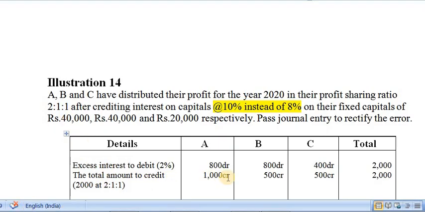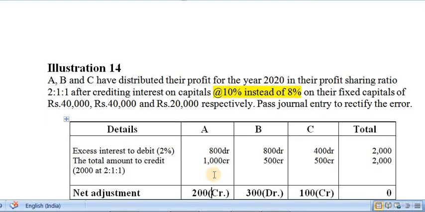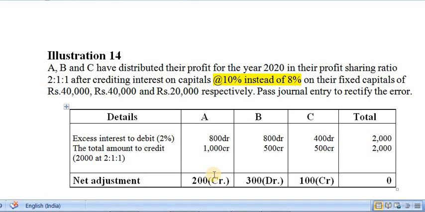So 2:1:1 is 1,000, 500, 500. And finally, the final journal entry is B debtor 300. B is the only one who is debited. A is credited with 200 and C is credited with 100.